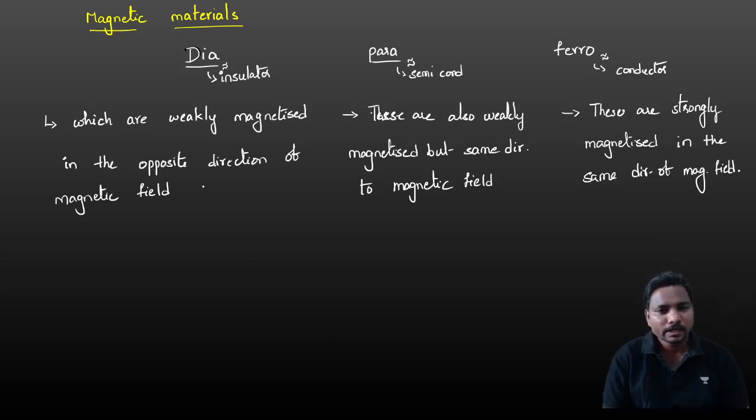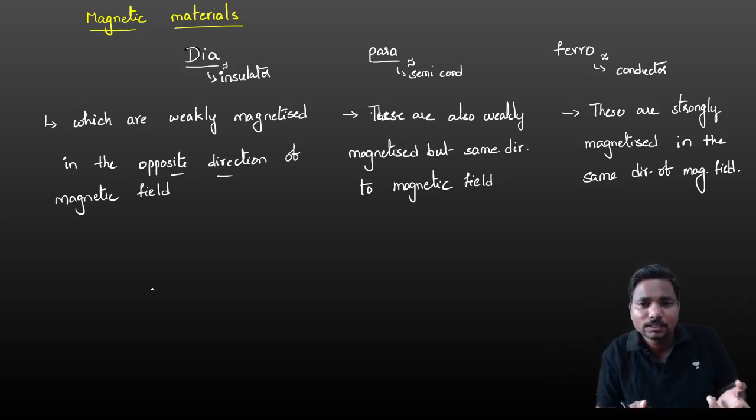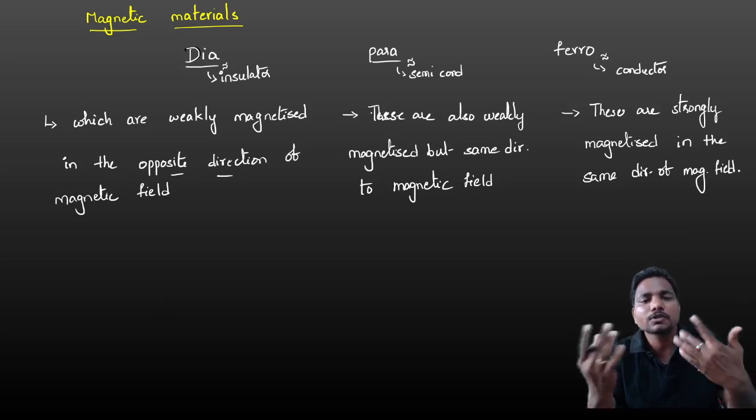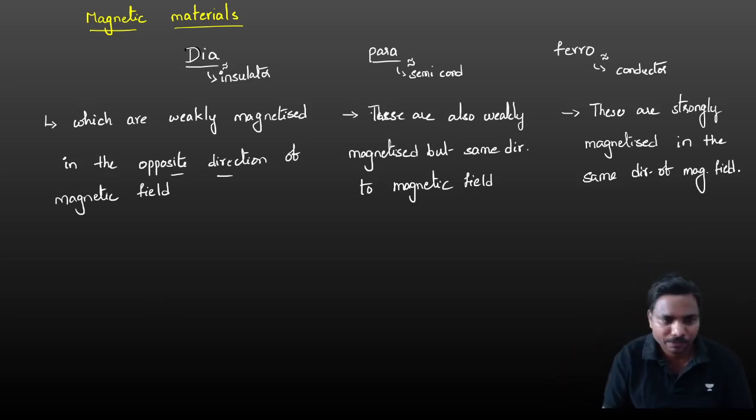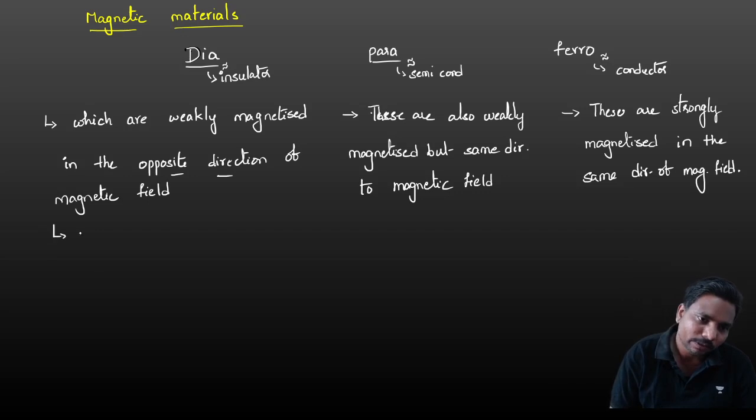Weakly magnetized in the opposite direction means generally a magnet attracts iron particles, but opposite direction means it has some repel.